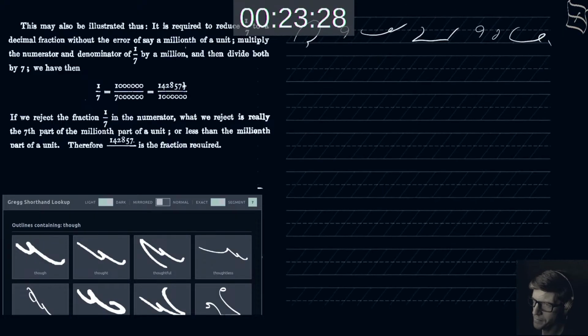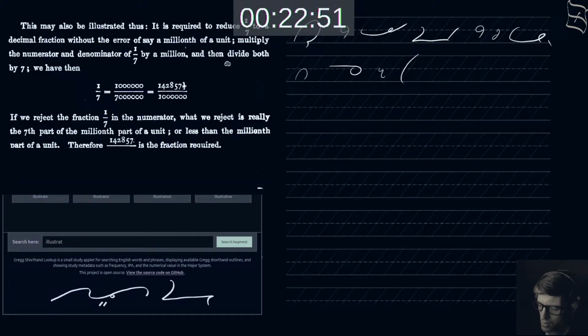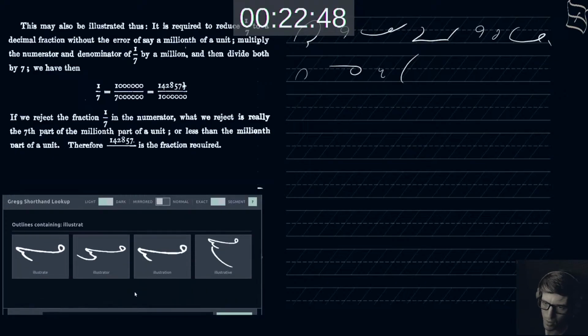Move down the line. This may also be illustrated thus. May also be. Illustrated. I don't remember illustrated. Let's check that out. There we go.